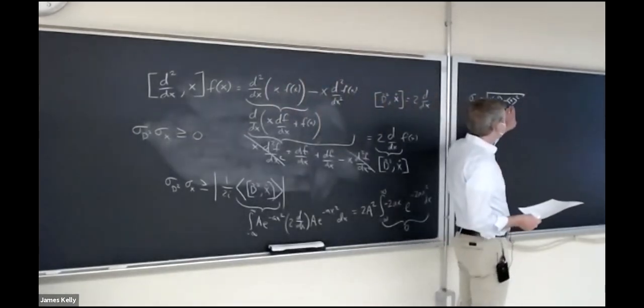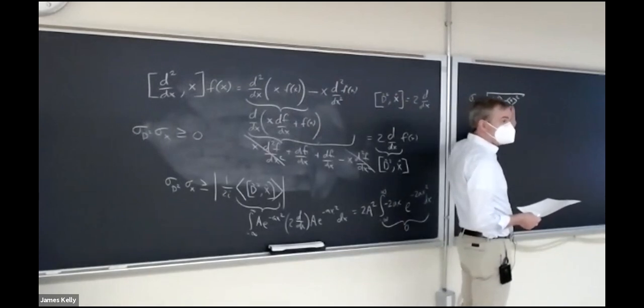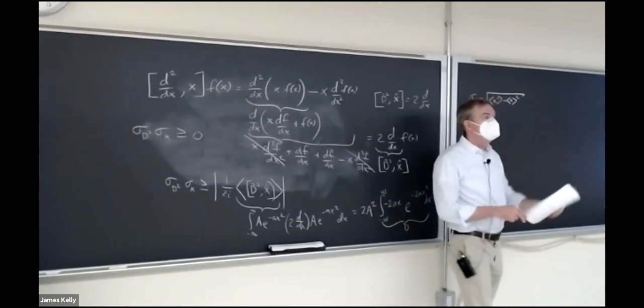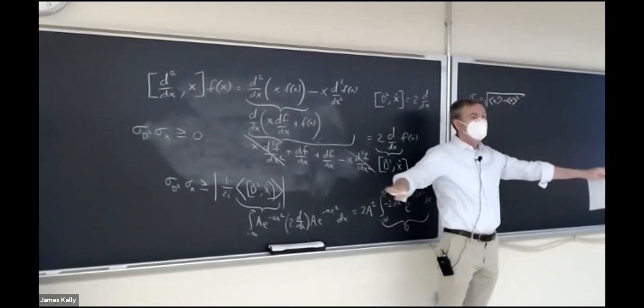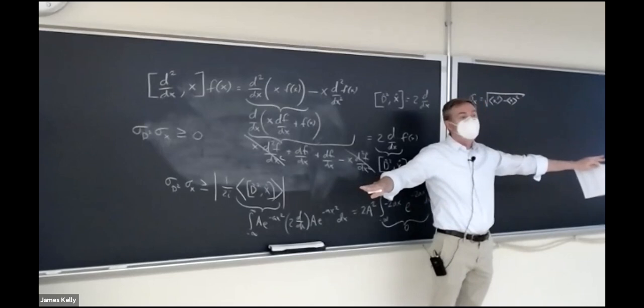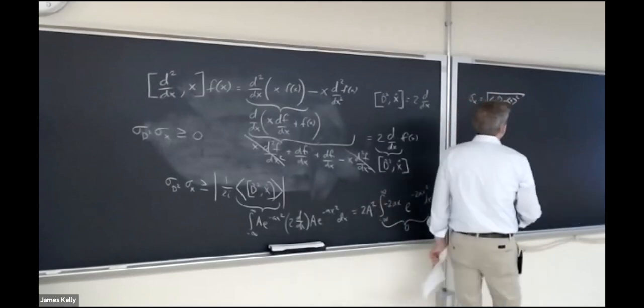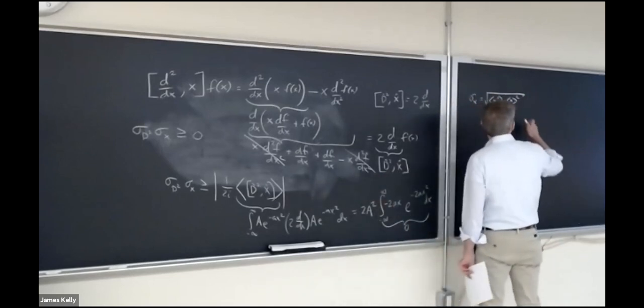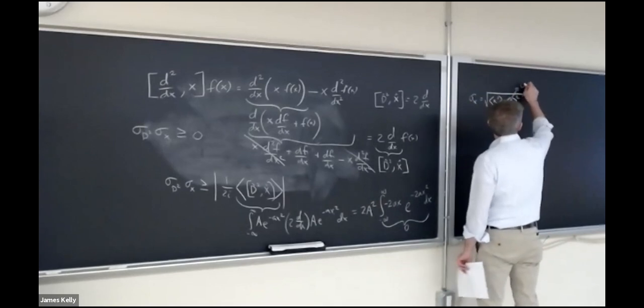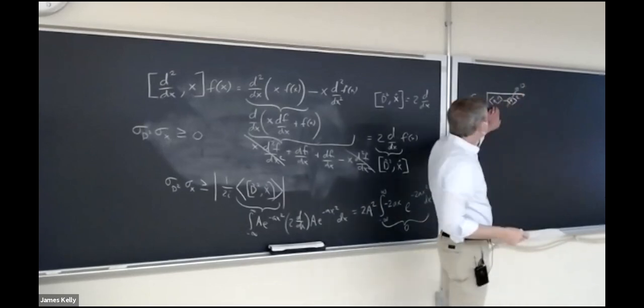The expectation value of x, I think, is pretty clear. What will that be? It's going to be 0, because our state is a Gaussian function that's symmetric around 0, and so the average value of x is going to be 0. You could write it down and use a symmetry argument for the integral, but we expect that one to be 0. This one's not going to be 0.